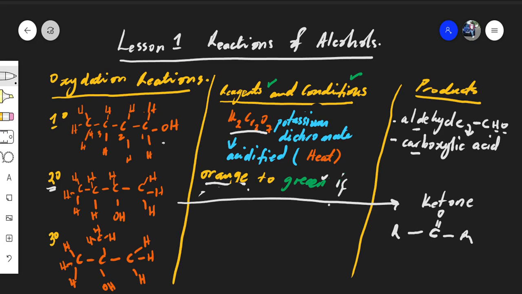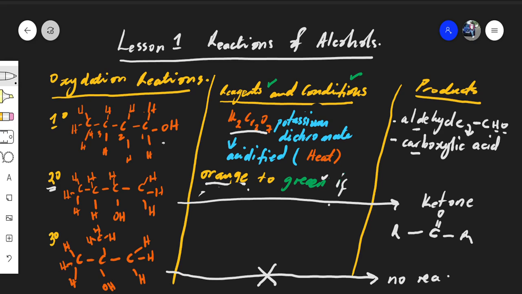And if you try to oxidize this, it cannot be oxidized any further, so there is not going to be any reaction here.